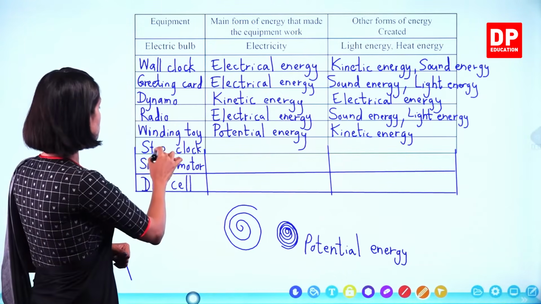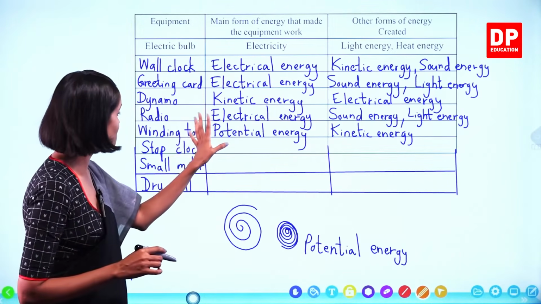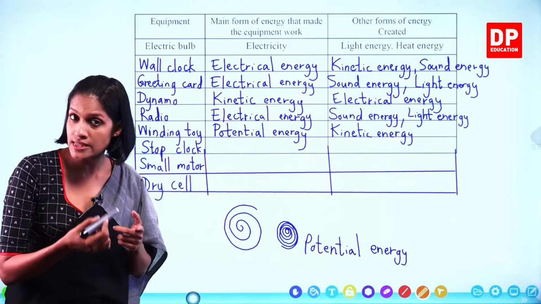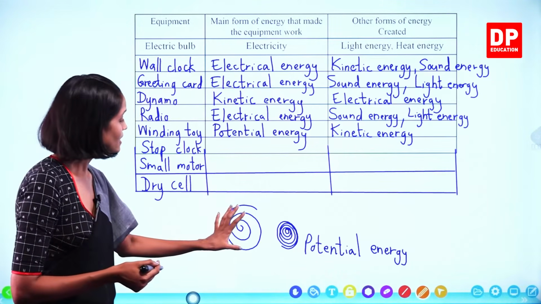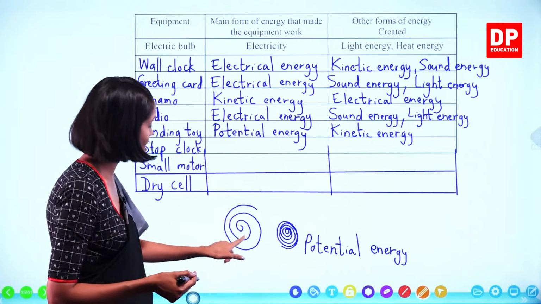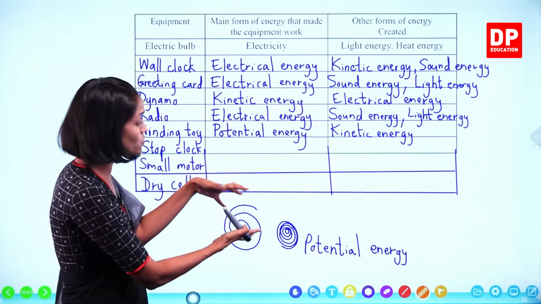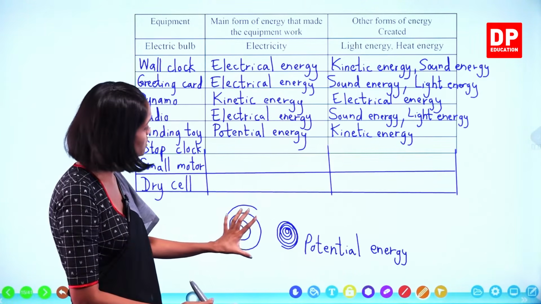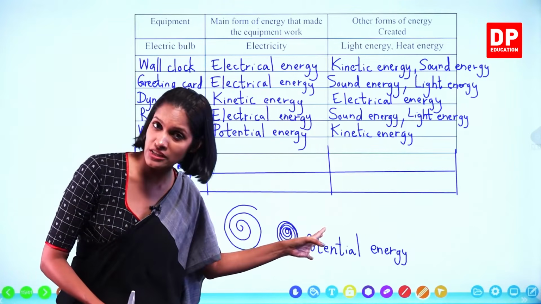Right. The next one, stop clock. Remember, the stop clock also has the same method. There's a small spring inside. When we wind it up, what happens, children? Its shape changes. Right? The spring is something like this. When you wind it up, these turns get closer to each other. Because of the change in this shape, it stores a certain type of energy called potential energy.